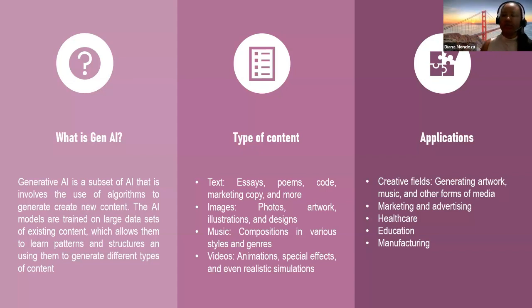And the other term that you are probably familiar with, or have heard before, is prompt engineering. Prompt engineering is nothing other than designing the question and input that you give to the generative AI, so you can get a detailed outcome.